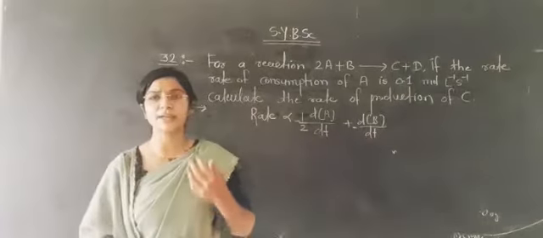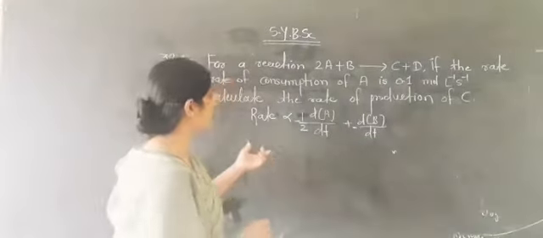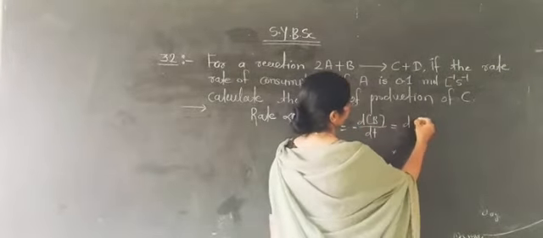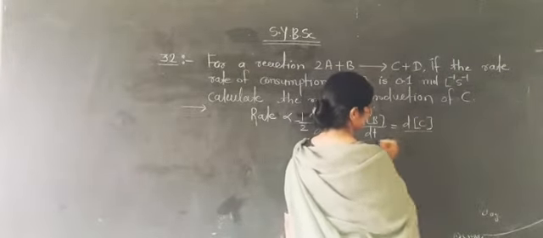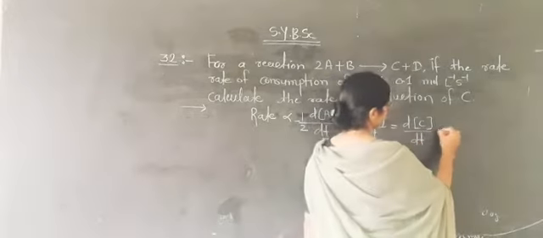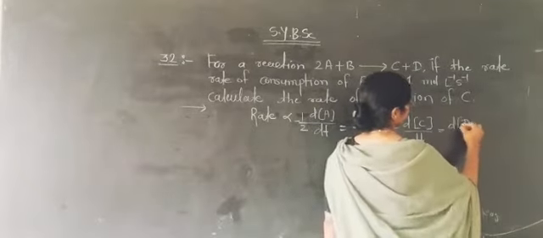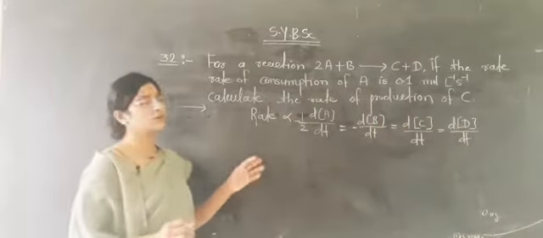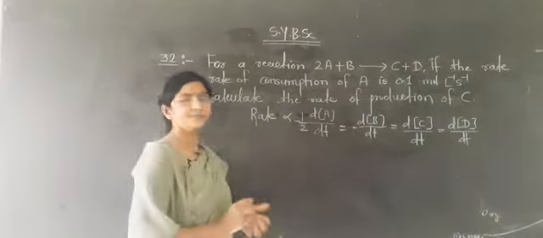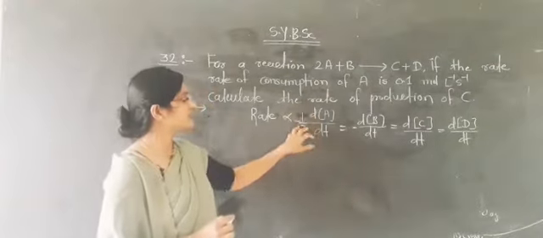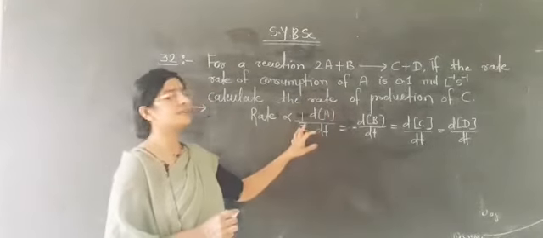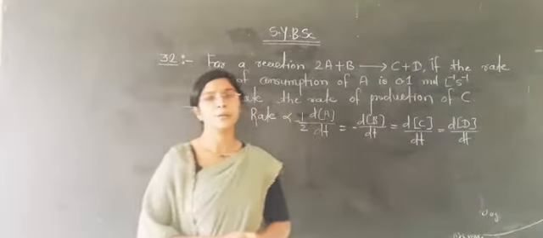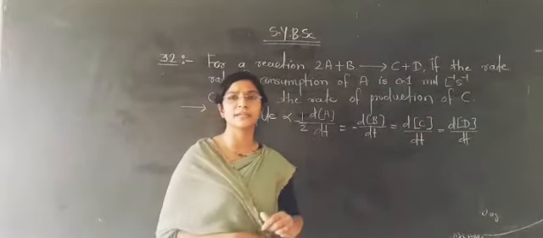So friends, when we write the rate for the reactant, we write like this, and when we write the rate of the product, we write like this. Then what is the difference between them? The reactant rate is denoted by a negative sign and the product rate is denoted by a positive sign, because we know the theoretical concept regarding that.